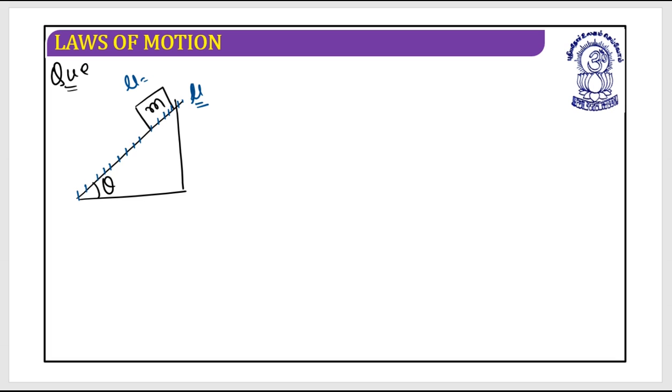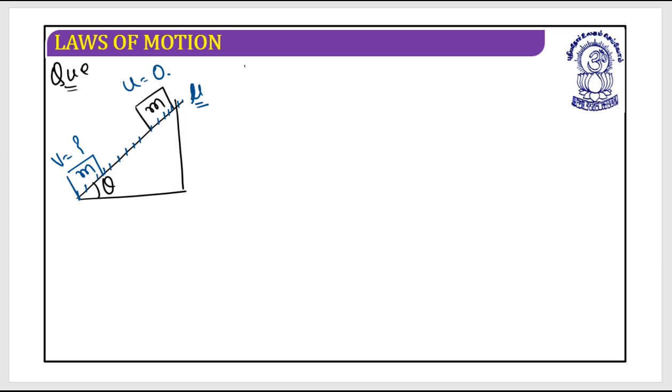Let's say this block starts from here initially at rest, and it is going to reach here. Its mass is m, it is having a velocity v.